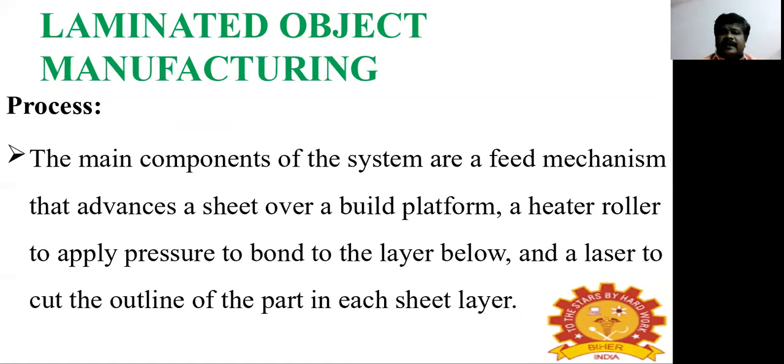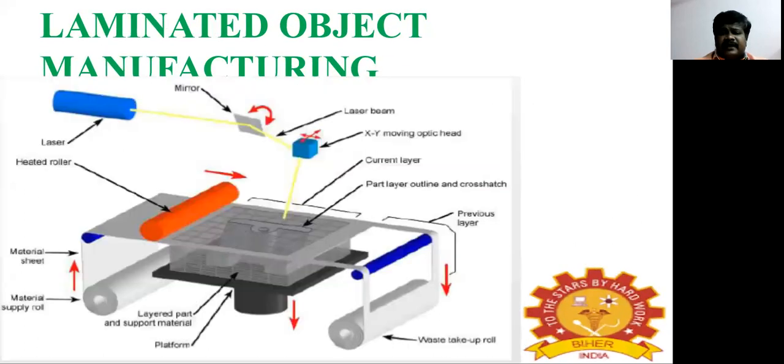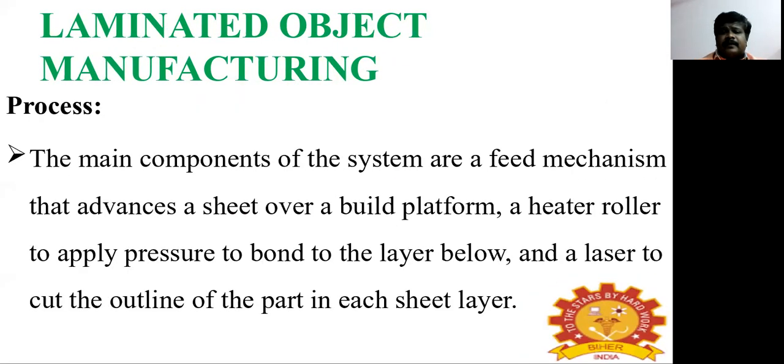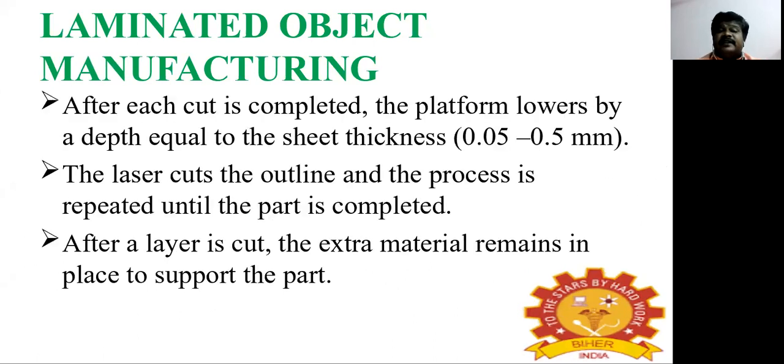In the LOM process, the main components are the feed mechanism that advances the sheet over the build platform, and a heated roller to apply pressure. You can see the laser, mirror, laser beam, and heated roller, which applies pressure to bond to the layer below. The laser also cuts the outline of our part in each sheet layer.